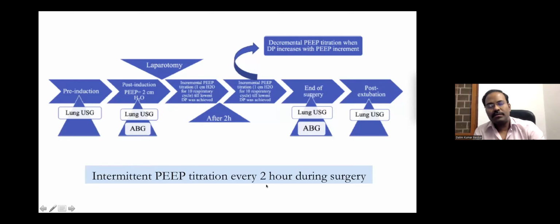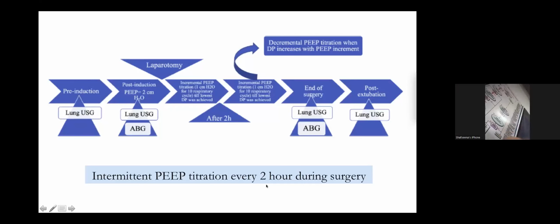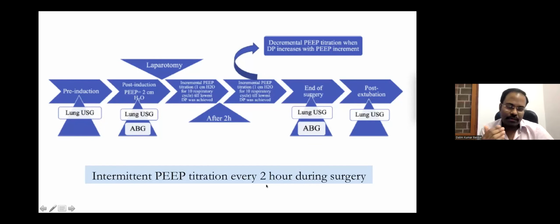Because as I was saying, with prolonged surgery, blood loss, tissue trauma, cytokine release, IV fluid, transfusion, all these things can cause some amount of lung injury. So we wanted to assess whether the optimum, individualized PEEP for that patient changes during the course of surgery, and that's why we did it intermittently every 2 hours.